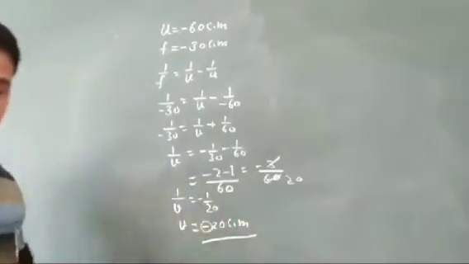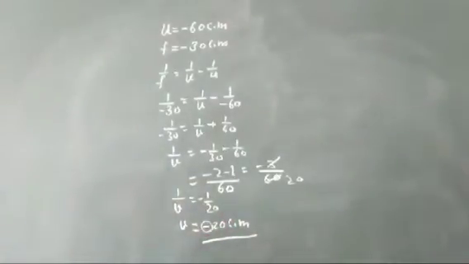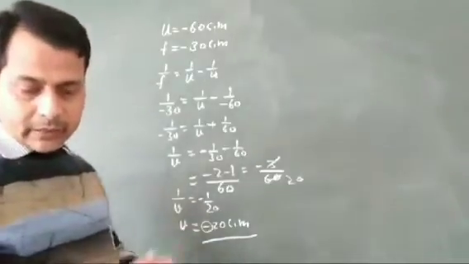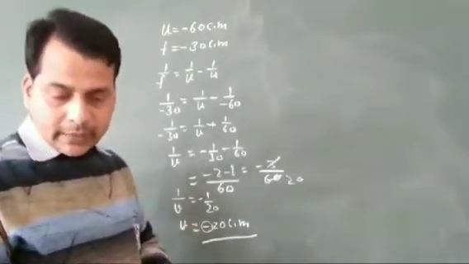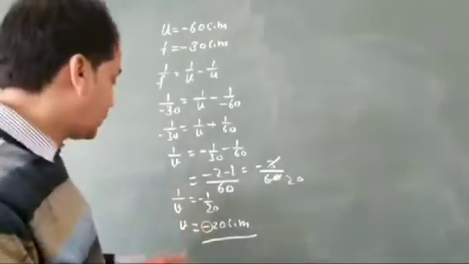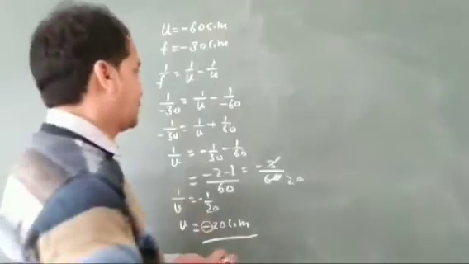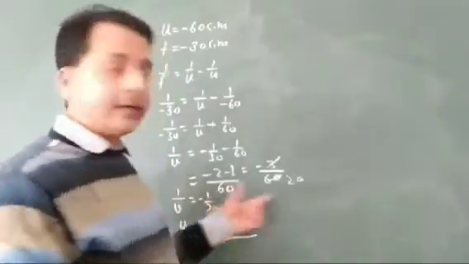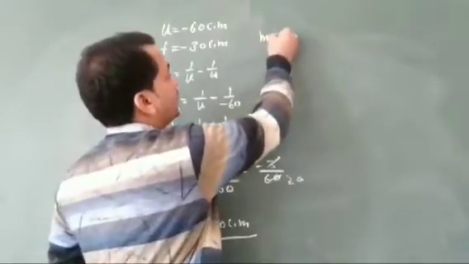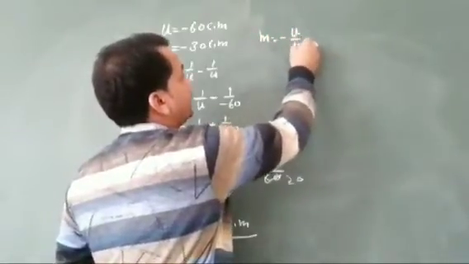The next question is to list four characteristics of the image: nature, position, size, erect or inverted, formed by the lens in this case. First, the magnification of the concave lens: m = -v/u.